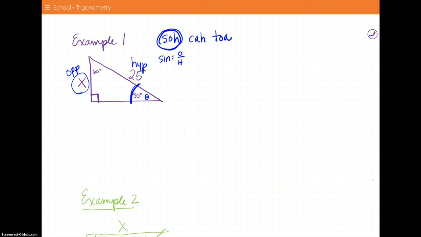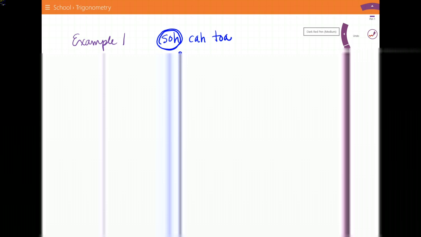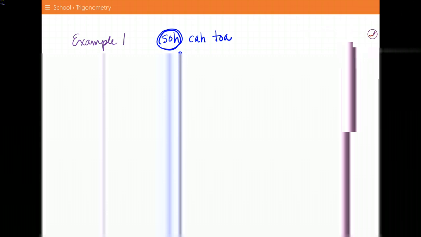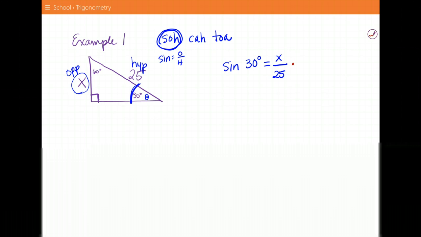So that's what I'm going to do. I'm going to write sine of 30 degrees, sine of my angle, is my opposite side, which is x, over my hypotenuse, which is 25. Now we're trying to find x. Well, the rules for finding x haven't changed. So when I want to find x and I've got x divided by something, I still need to multiply by that thing to isolate the x.